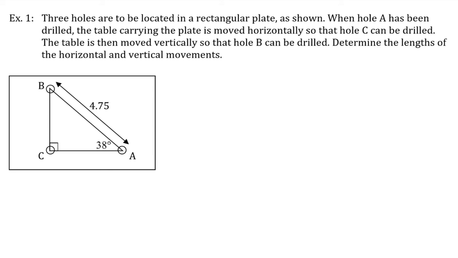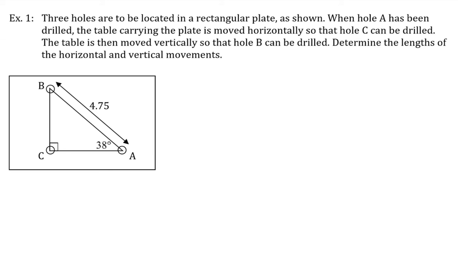This is good stuff. Okay, example 1: 3 holes are to be located in a rectangular plate as shown. Hole A is drilled first, and then the table carrying the plate is moved horizontally so that hole C can be drilled, and then it is moved vertically so that hole B can be drilled.